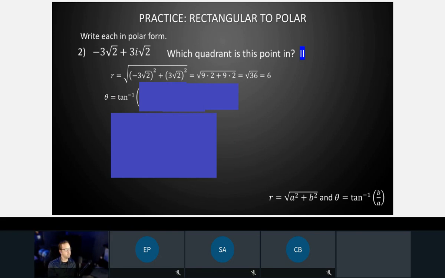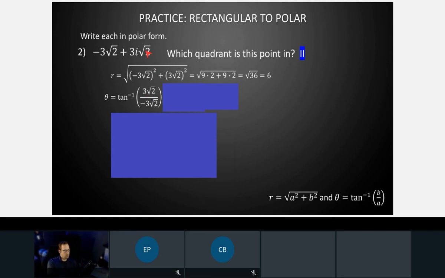Everyone agree with that? 3 rad 2, yep, because it's 3i times rad 2, so we just pull out everything except the i. That is your B value. 3 rad 2 is your B value.